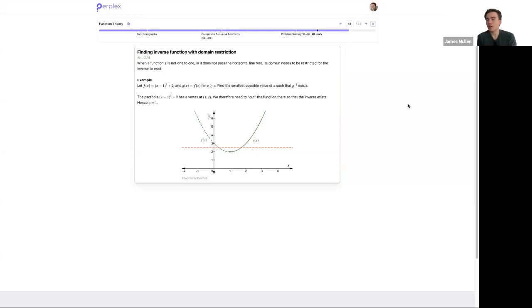It's worth mentioning that on exams, one of the ways this is often tested is in combination with calculus, because it's not always going to be a quadratic. It won't be so easy to find the minimum or the maximum. You're going to need to use calculus to find the stationary points and then restrict the domain.